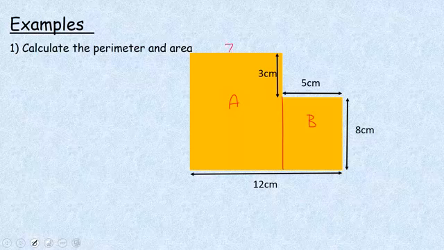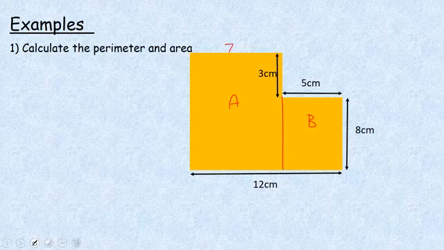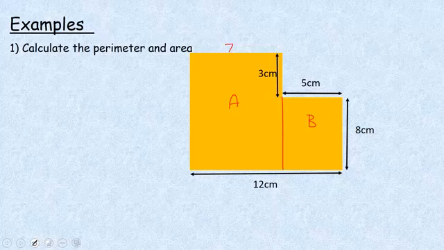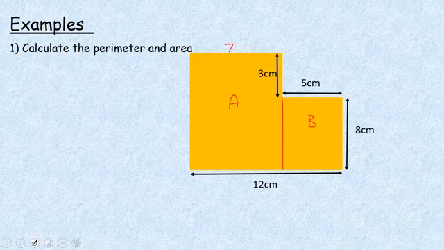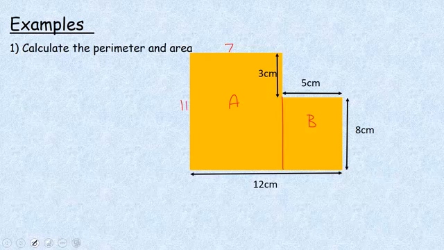So I need to know the height of A as well. So I can see that the height of B is 8 and the height of A is 3 more than that. So 8 plus 3 is 11.